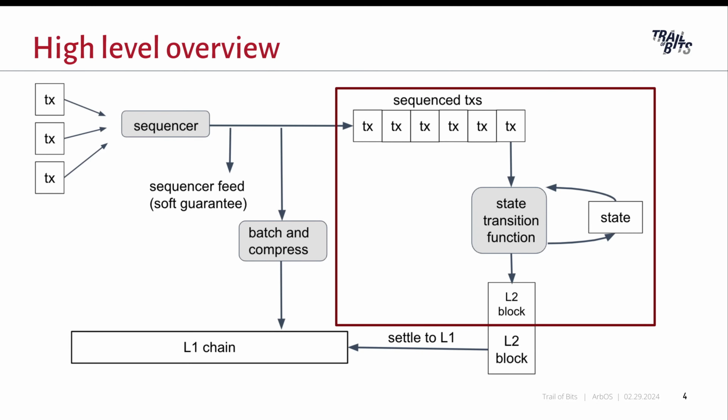Let's take a very high level overview of what ArbOS is supposed to be doing, and what the inputs and outputs are. I'm also going to describe some of the components that are not going to be detailed in this presentation. Essentially, a transaction into an Arbitrum chain starts in L1, and users need to interact with the smart contract, with the bridge.